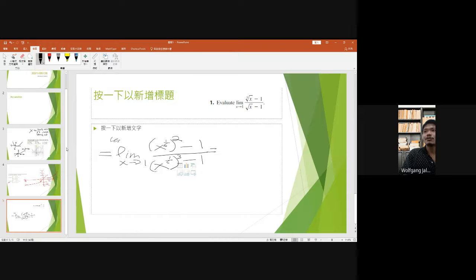Now I substitute x with something else to make it look nice. For example, a equals x to the power 1/6. So this becomes the limit of a approaching 1, a squared minus 1 over a cubed minus 1. That's just substitution to make it nice for us.